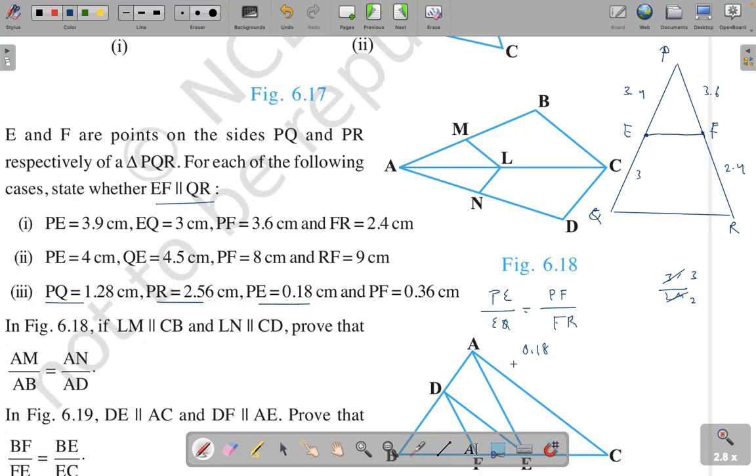So it will be 1.1, which should be equal to PF, which is 0.36, upon 2.2. Now you can say they are equal. You can simplify this, so you'll again get 0.18 upon 1.1. So you have to check for BPT, not similarity. When it is saying BPT, you should apply the formula for BPT only.